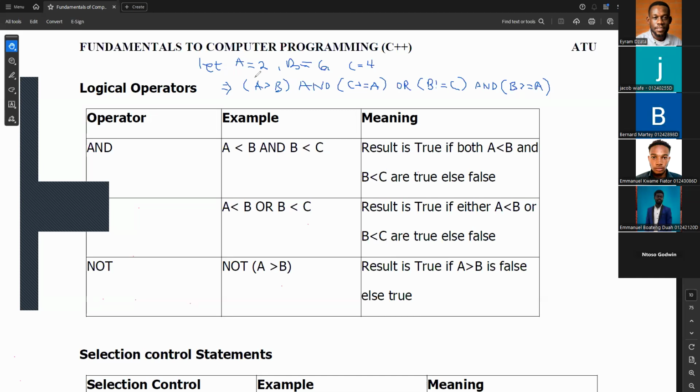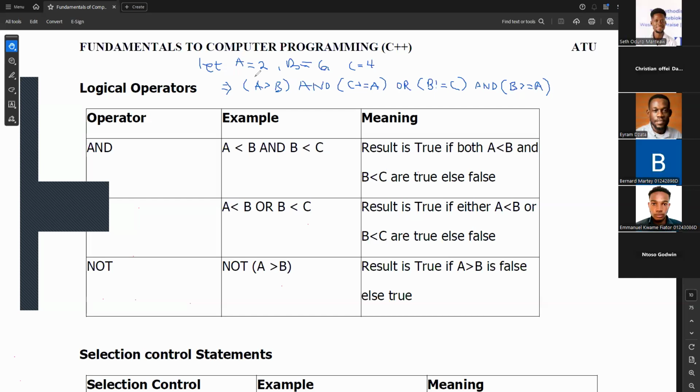Please, what you are saying is confusing me. Go straight forward. We've told you what the value of A is, what the value of B is, what the value of C is. Just replace those values and tell us whether A greater than B is true or false. But what you are telling us is confusing.